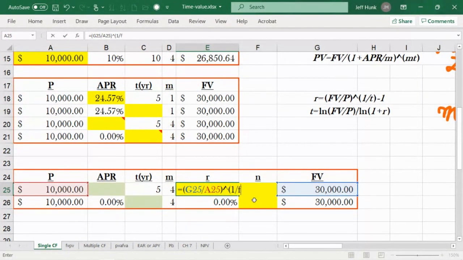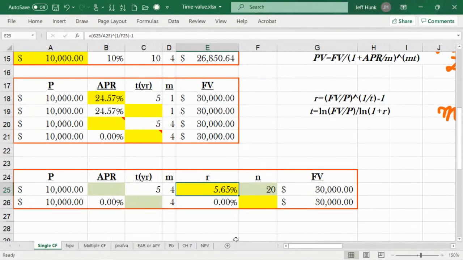N is in F25, right? And minus 1. There you go. So this is the quarterly rate.